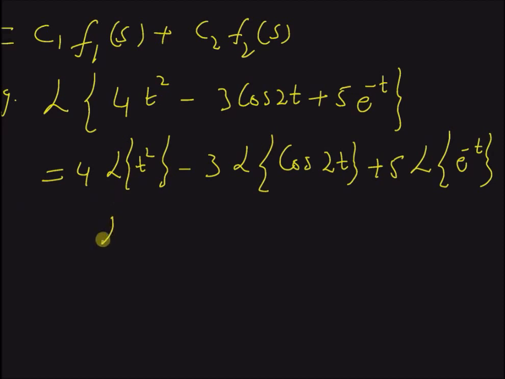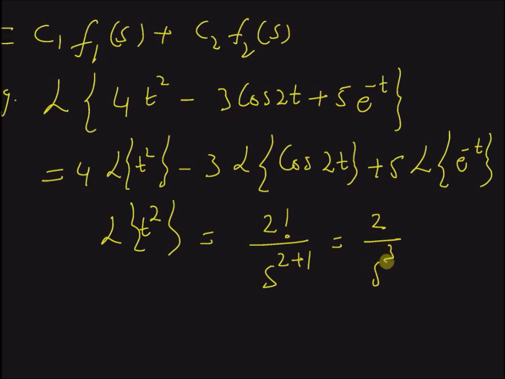We know that Laplace transform of t square is equal to 2 factorial by s power 2 plus 1, which is 2 by s cube, because Laplace transform of t power n for an integer n is equal to n factorial by s power n plus 1. So by using this formula, we can derive this result.